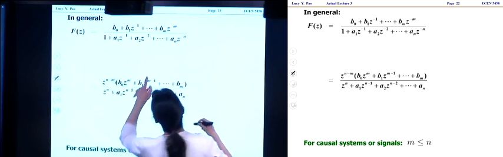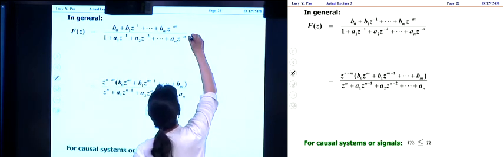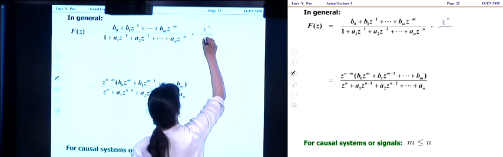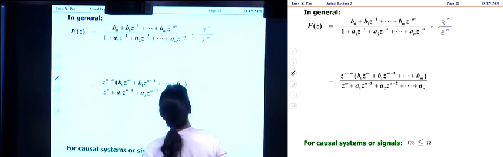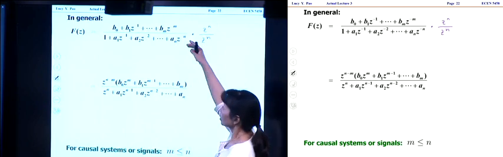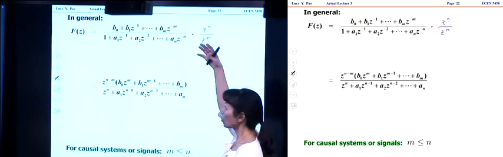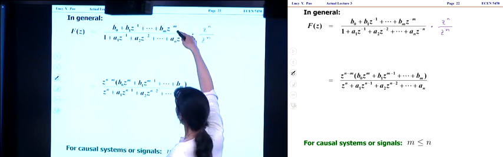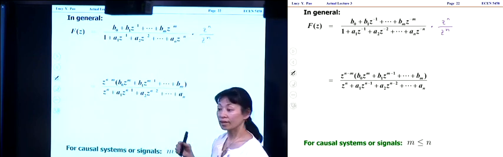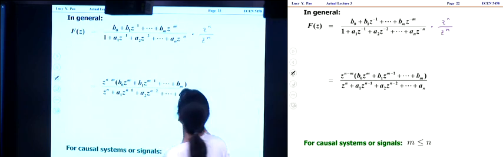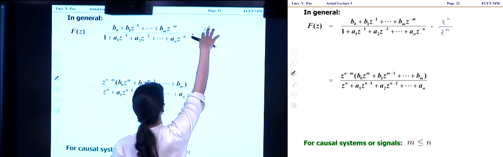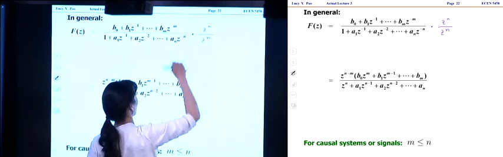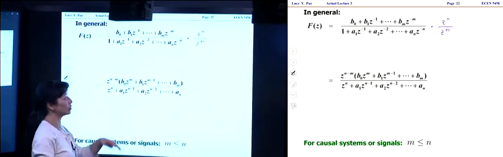Of course, if we want to deal with positive powers of z, we can multiply by z to the n over z to the n. So for causal proper systems, m will always be less than or equal to n. So n will be the larger of the powers, and hence that's why we're multiplying by z to the n over z to the n.